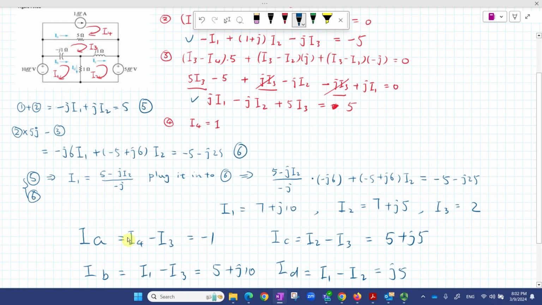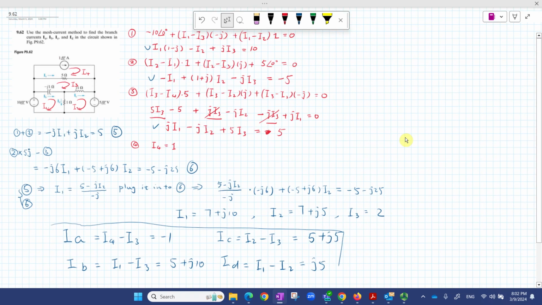Okay, so that is the final solution. Let me shrink a little bit so you can see the whole picture here. All right, that's it.